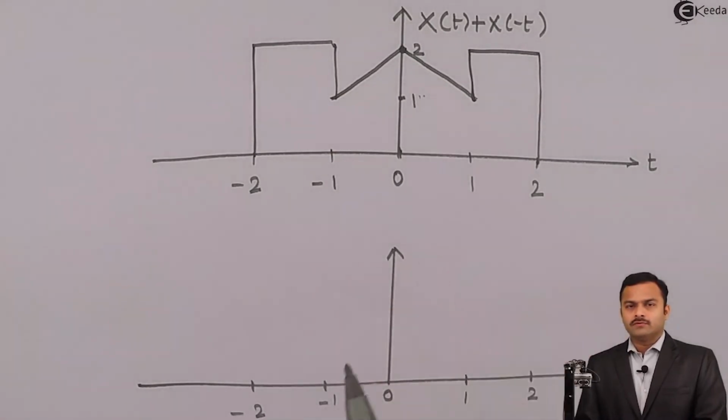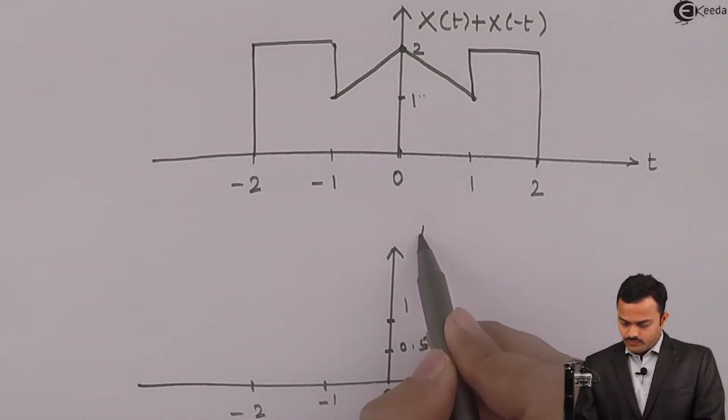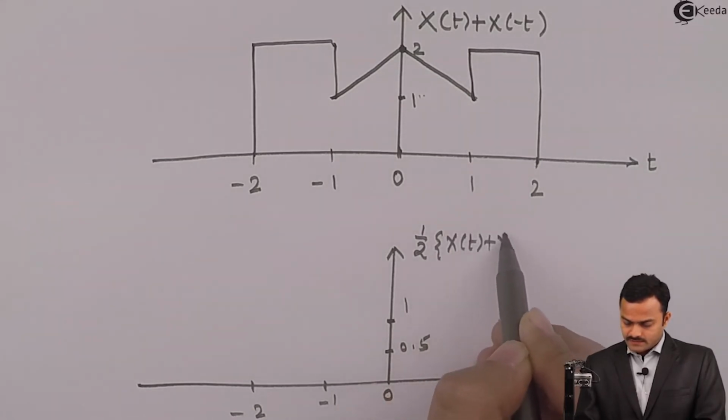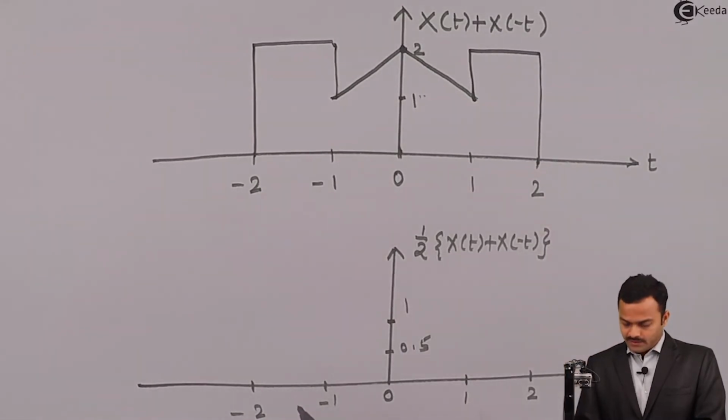And the values we will get will be like this. Here you will have 1 and here we will have 0.5. This is 1 by 2 bracket x of t plus x of minus t, and the signal we obtain will be like this.